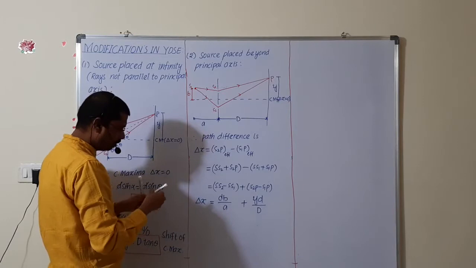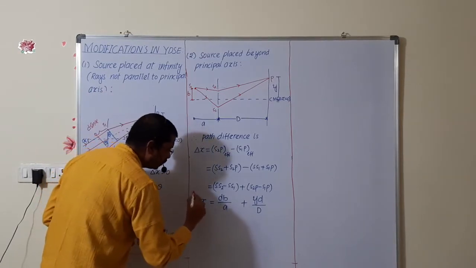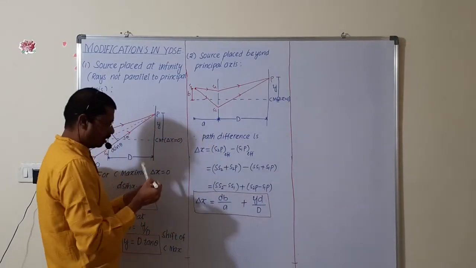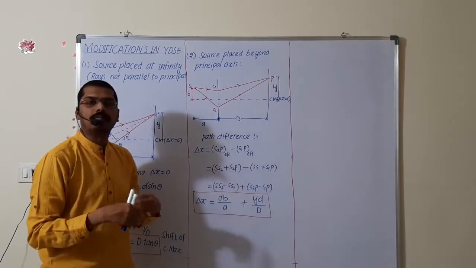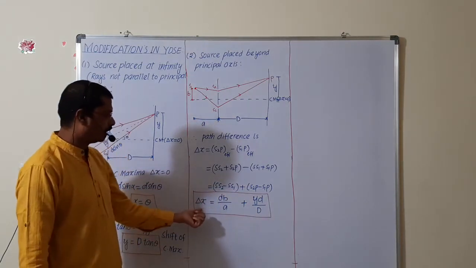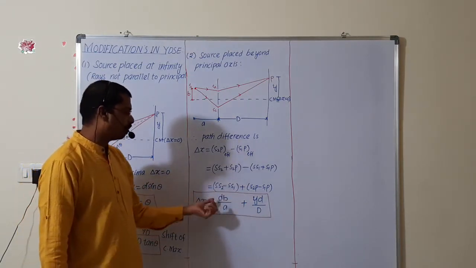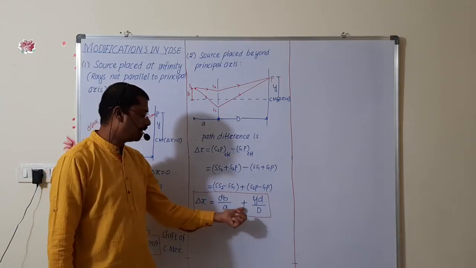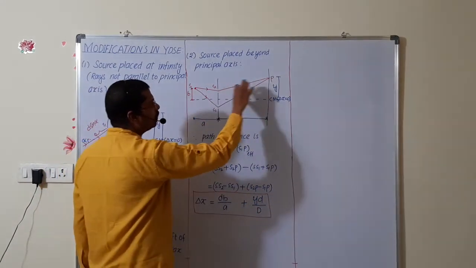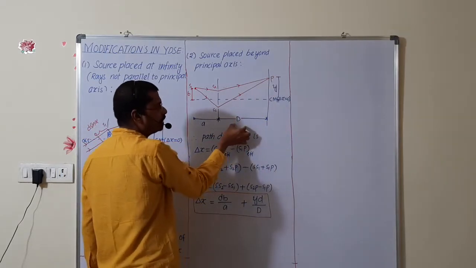We can find out by using this formula whenever the source is above the principal axis or below the principal axis. We can find the path difference by using this formula, dB upon A plus yd upon D. Here only one thing you have to remember, the vertical distances upon horizontal distance.